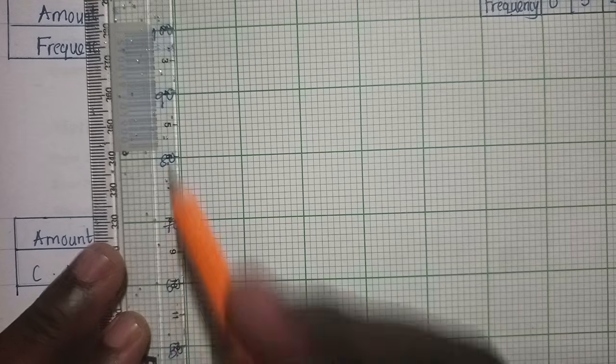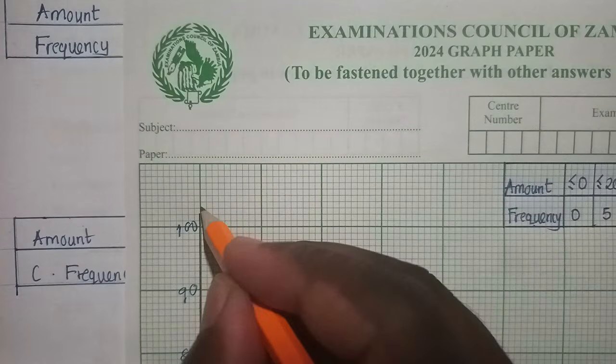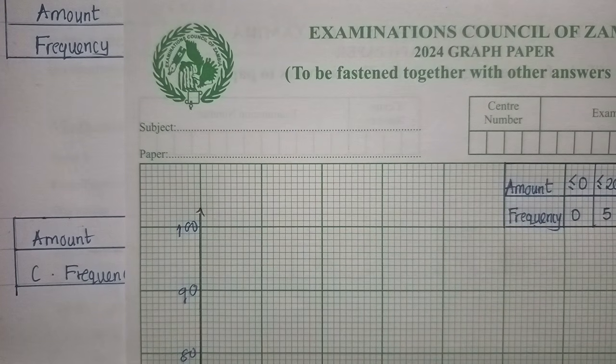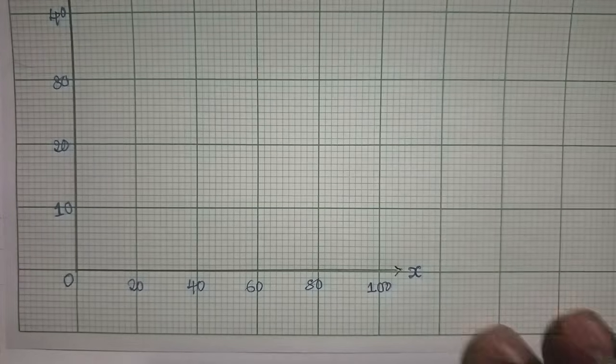So make sure your y-axis is properly done without any mistake. Your graph must look good. Okay, so this is our y-axis, so we can indicate that this is our y-axis. So you can see my Cartesian plane has come out.